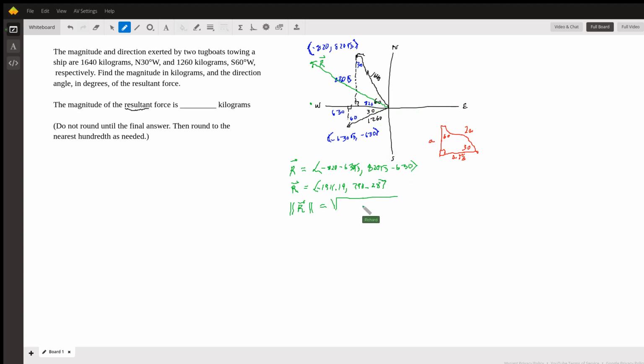Okay, so if we want this, we're just going to get negative 1911.19 squared plus 790.28 squared. And although I rounded it on the screen, I can go back to my calculator and just cut and paste here.